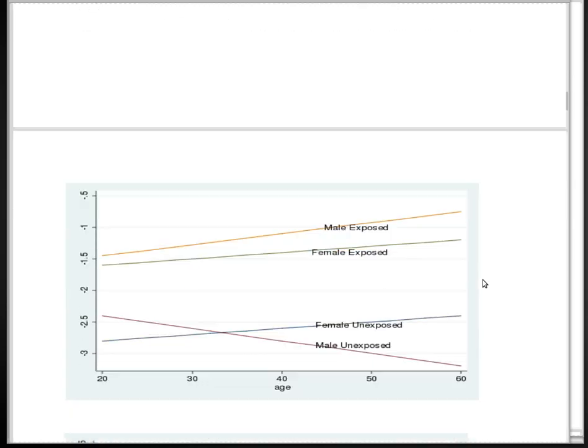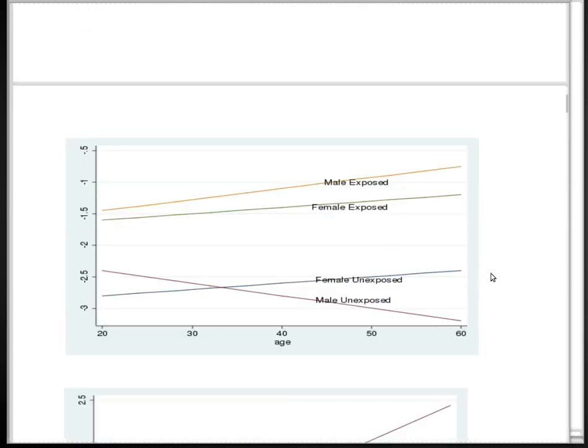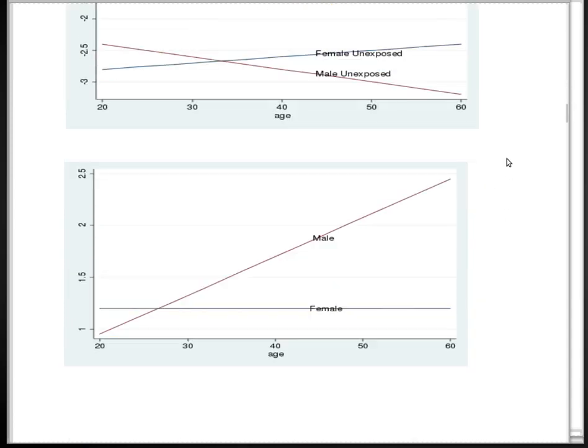Here's what those visuals might look like. There's a possible scenario with the 4 lines, the log odds of disease in the 4 groups, and then the log odds ratio for the men and the women, and then we get a line with positive slope perhaps for the men.